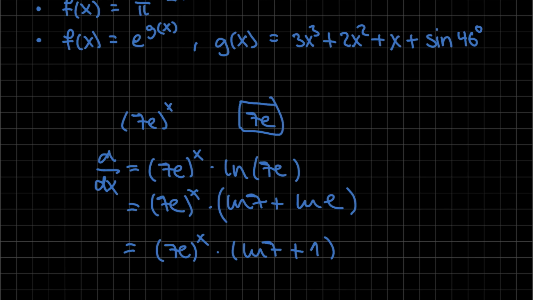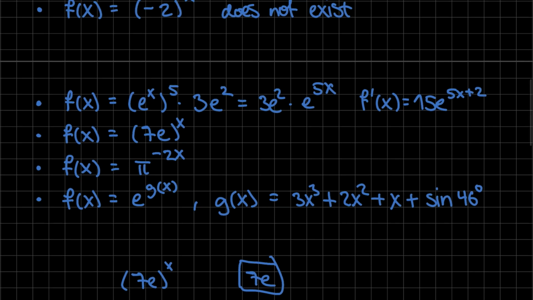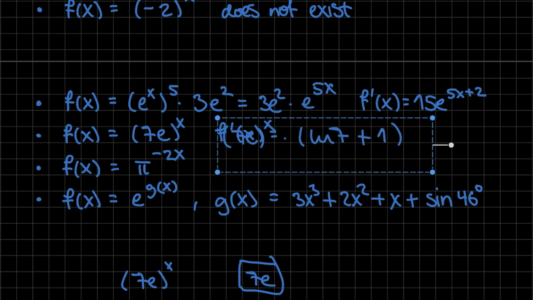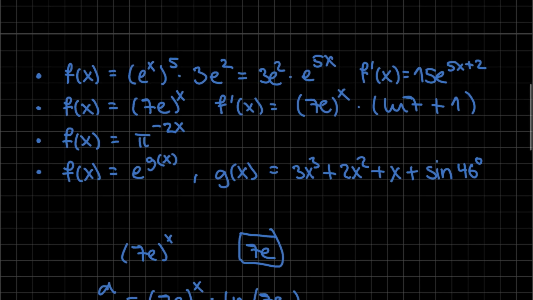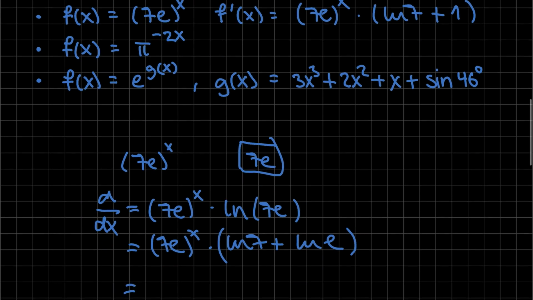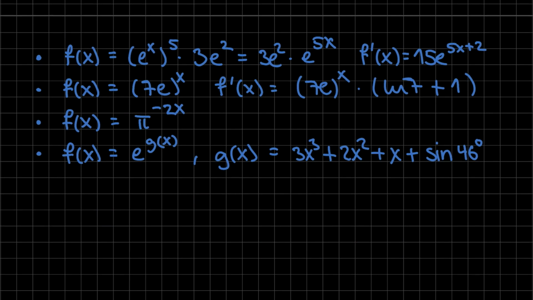And that's our final answer. So f dashed of x is equal to this. And as you see, sometimes there are multiple ways of getting to the right answer. I'm not showing all the ways, I'm just showing one that works, the one that I think is the best. And in this case, it got us to this answer, which is correct. 7e to the power of x times the ln of 7 plus 1 in brackets, like that.